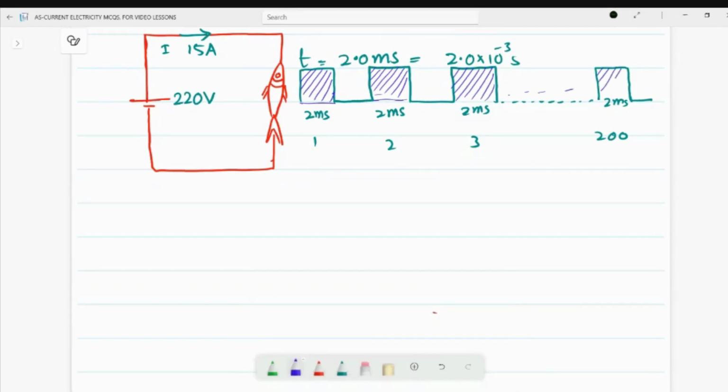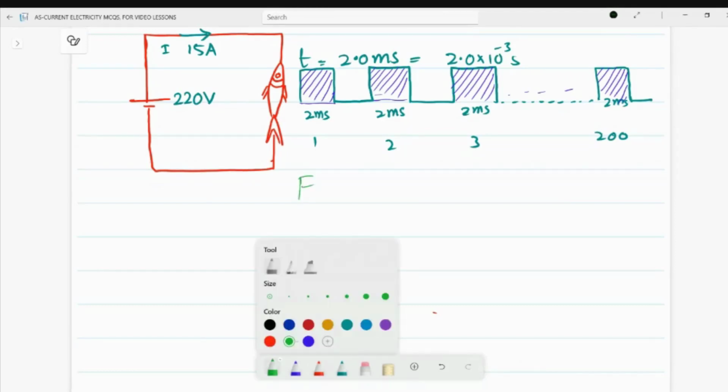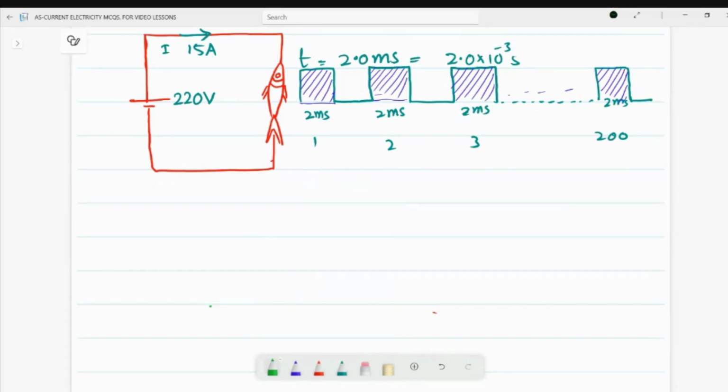So it would be added together 200 times. So I can calculate the energy produced in one pulse, right?